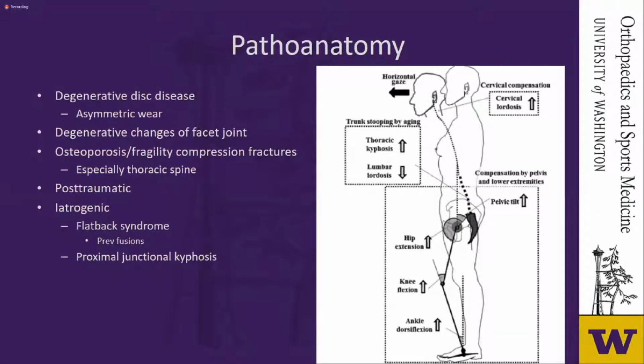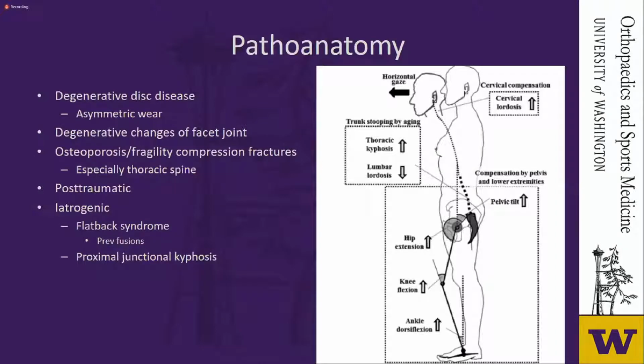So briefly, pathoanatomy. Some of the causes that can contribute to degenerative scoliosis: degenerative disc disease, that can lead to progressive wear of the disc over time, leading to loss of lordosis within the lumbar spine, or excessive kyphosis in the thoracic spine.